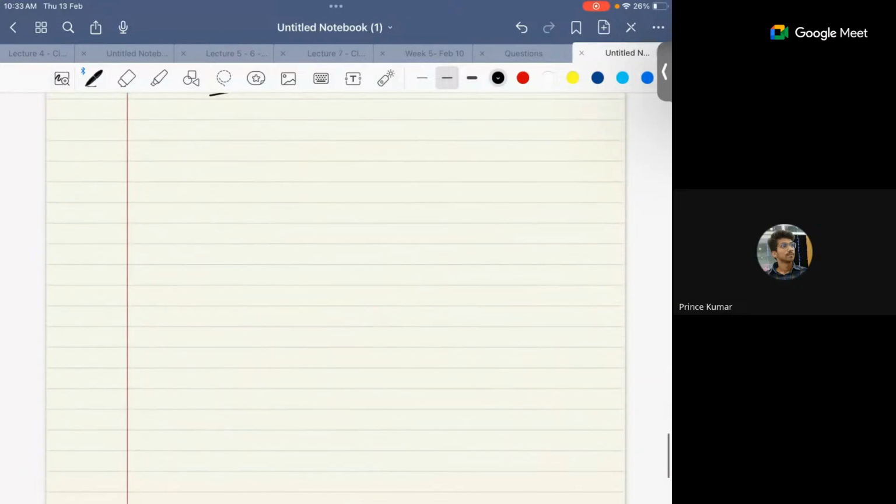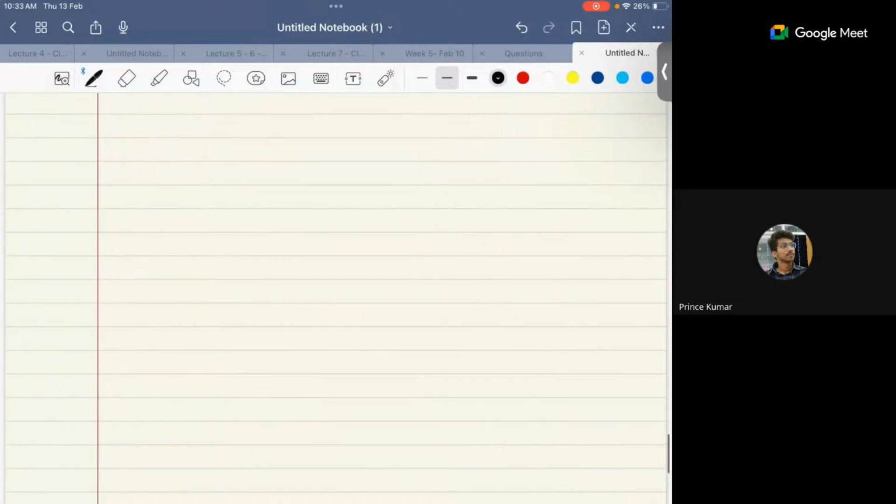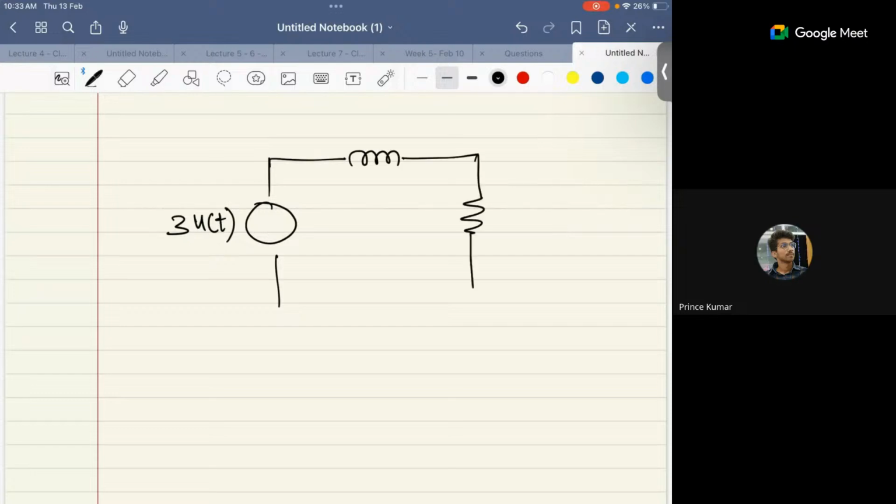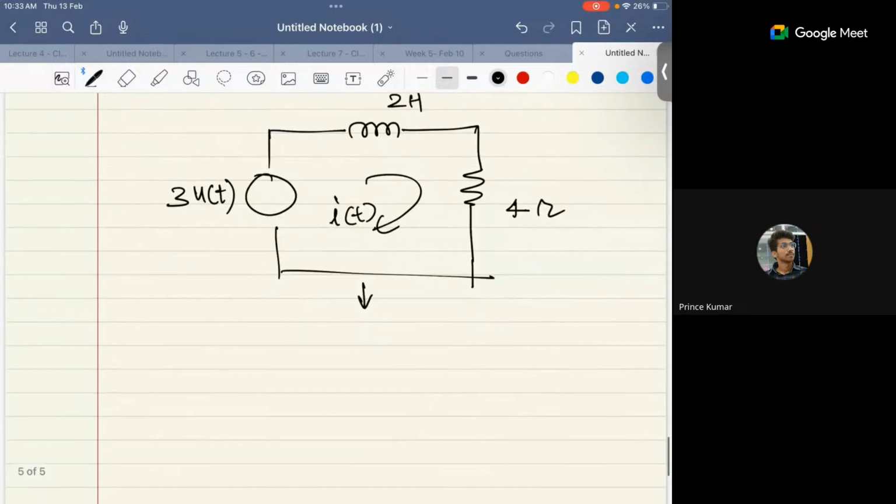Similarly, this was very simple. If you are asked to calculate for any simple circuit, for example you have been given some form of 3 u t and asked to calculate I, this is also very simple.